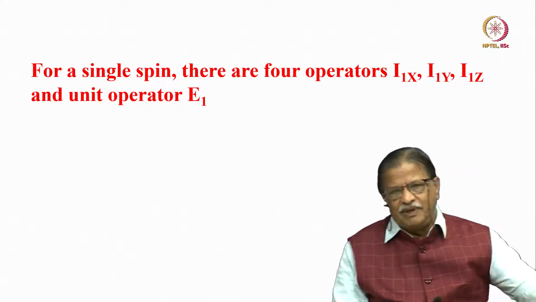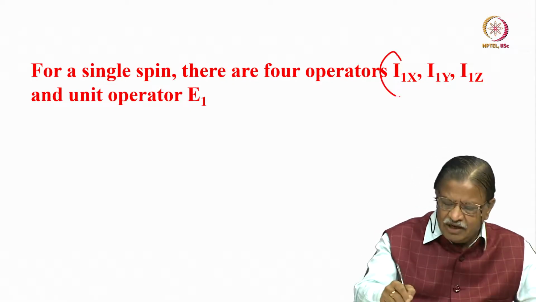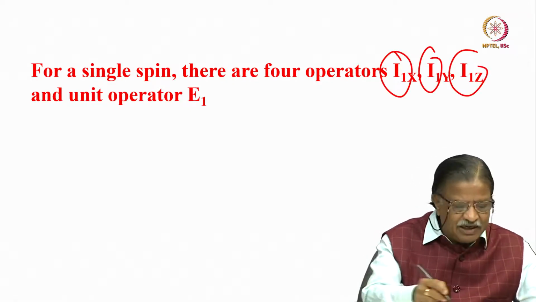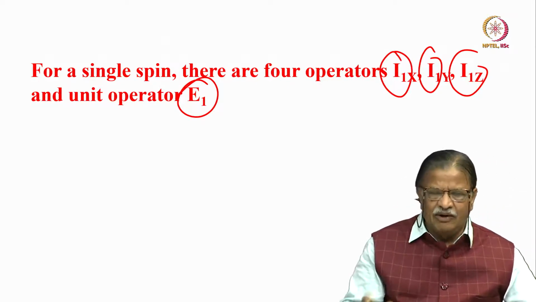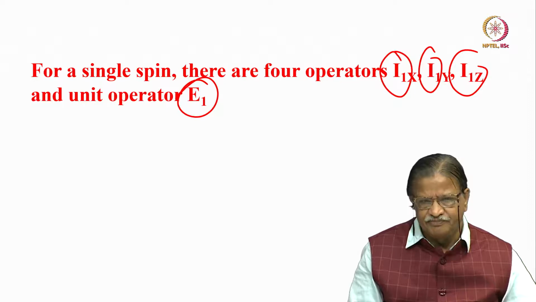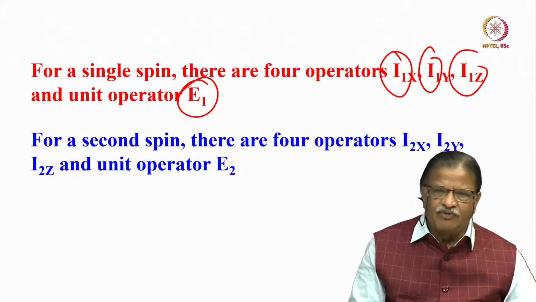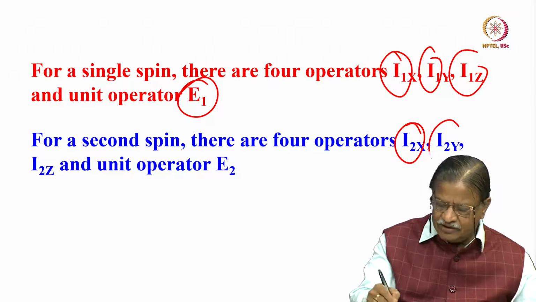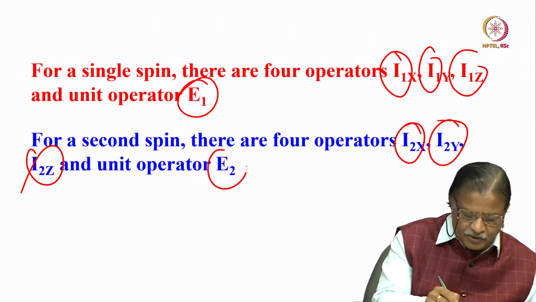Now for a single spin, there are 4 operators. Of course, we know I1x, I1y and I1z. There is also the unity operator E1. Of course, practically it does nothing. It only helps in mathematical operations. For the second spin, there are again 4 operators: I2x, I2y and I2z, and a unit operator E2.